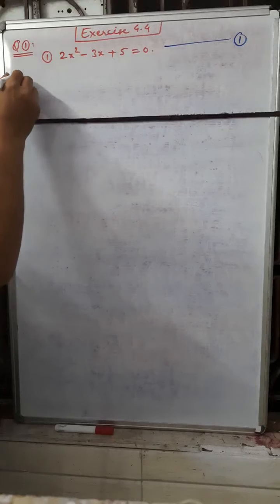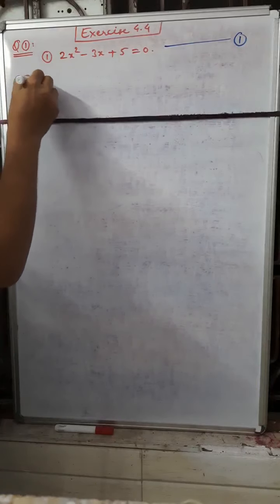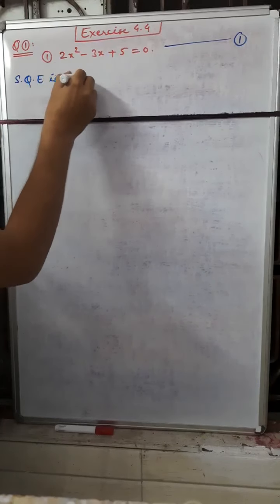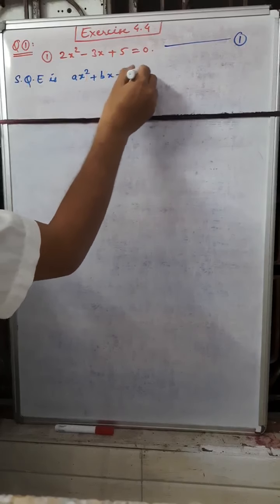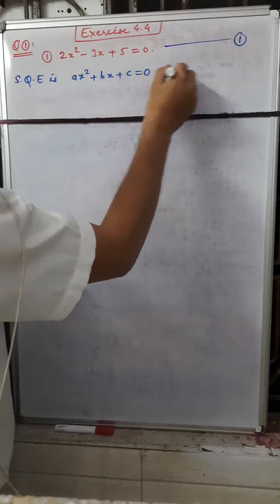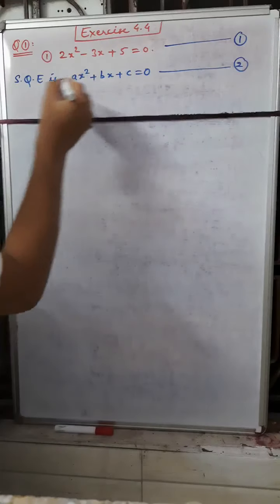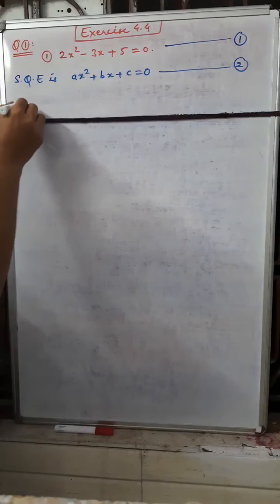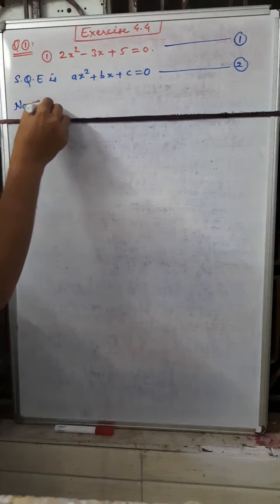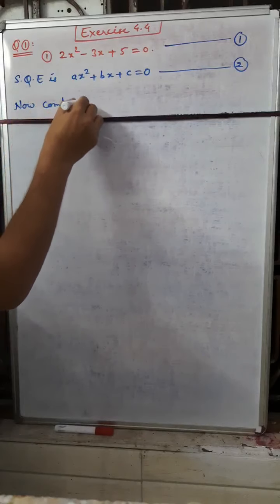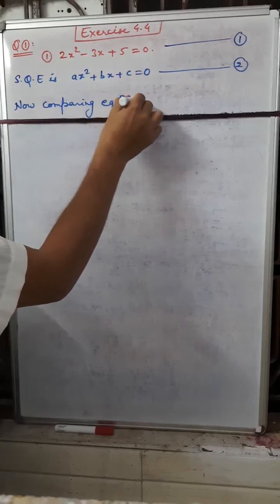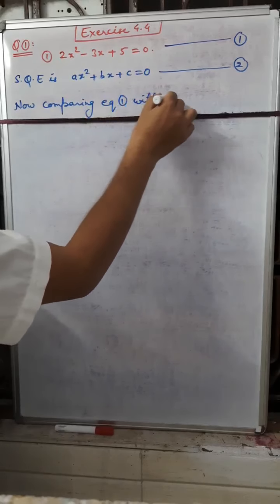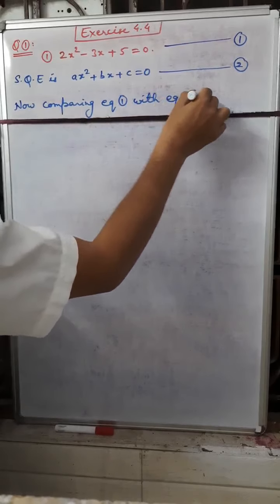Again we will write the standard quadratic equation: ax square plus bx plus c is equal to 0. Suppose it is equation number 2. Now after that, comparing equation 1 with equation 2, what we will get here?